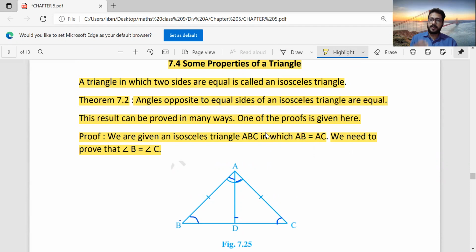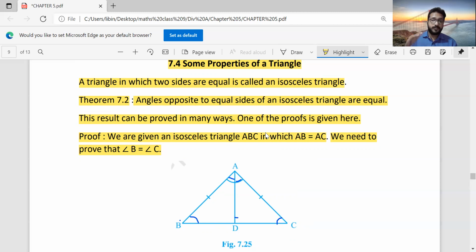Actually, this theorem is enough for now, because in the next theorem we will be learning the converse of this theorem. Do you remember what the converse of a statement is? I have taught you, if P then Q. If it is a statement, then what is the converse of this particular statement?